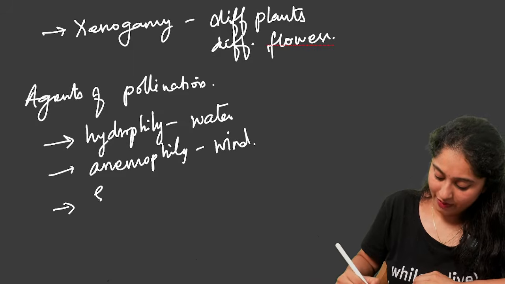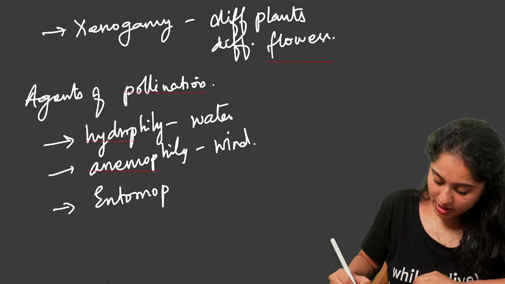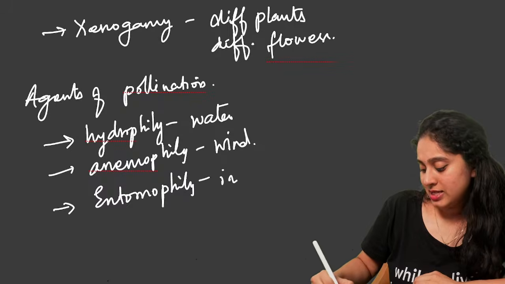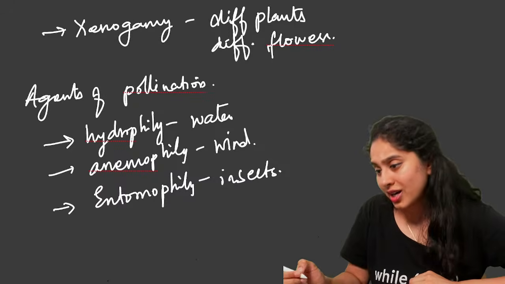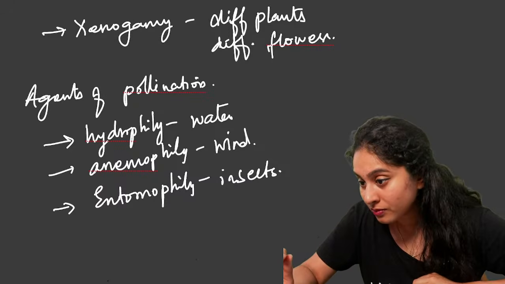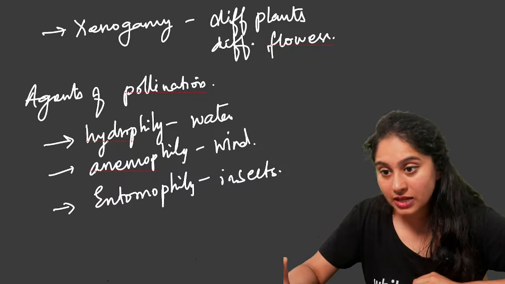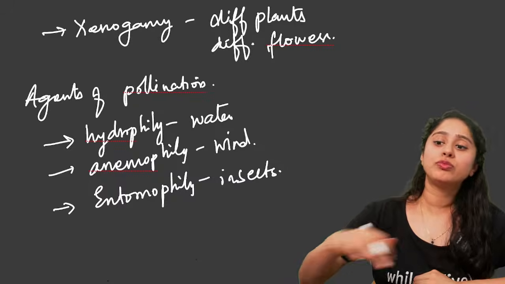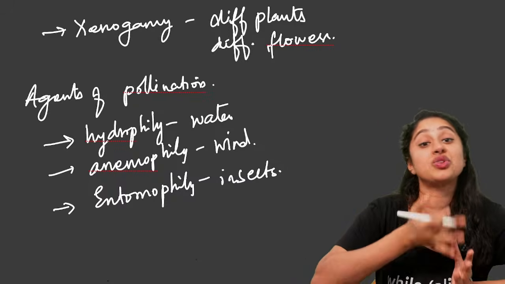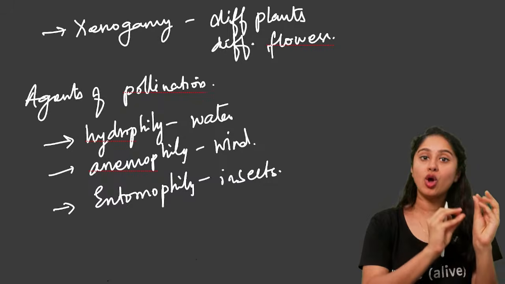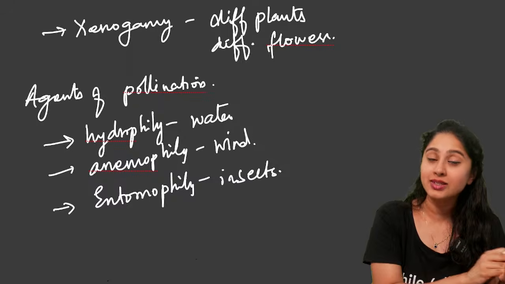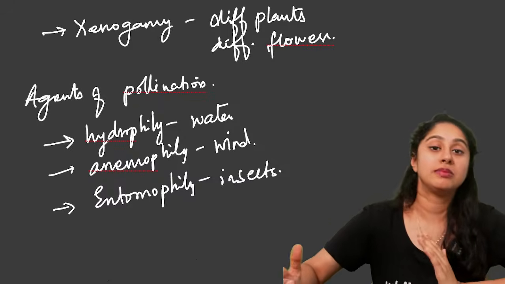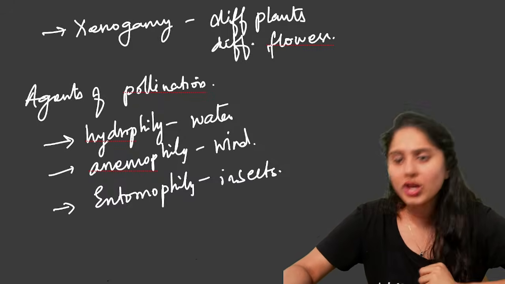Then we have entomophily, which is by insects. Apart from that, we have ornithophily, which is through birds and so on. Is that clear, everybody? So, through these different kinds of agents, we will take the pollen grain from the androecium or from the anthers of one plant to the stigma of another plant or another flower.